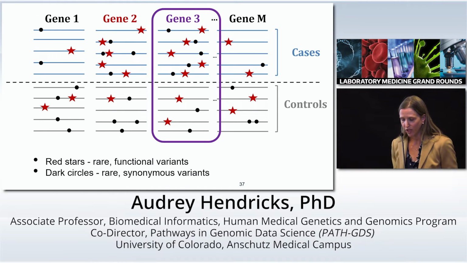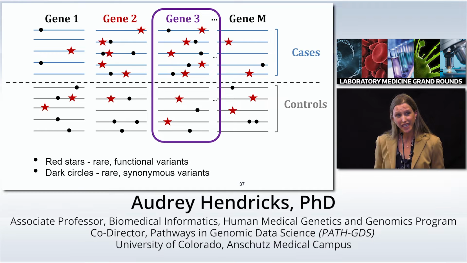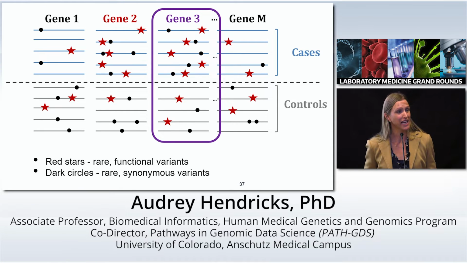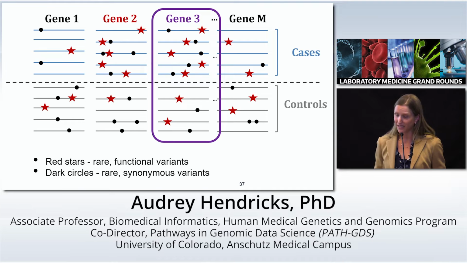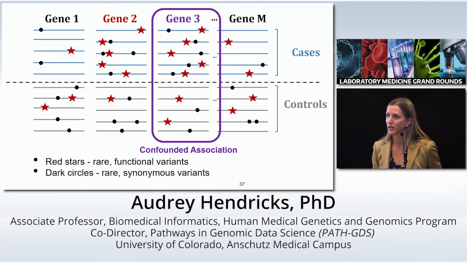But over here in gene 3, we also see an increase in the number of rare functional variants, our red stars, but we also see an increase in our rare synonymous variants in our cases versus our controls. We believe this might be due to a difference in sequencing technology and pipeline, and that this is likely driven by a confounded association.